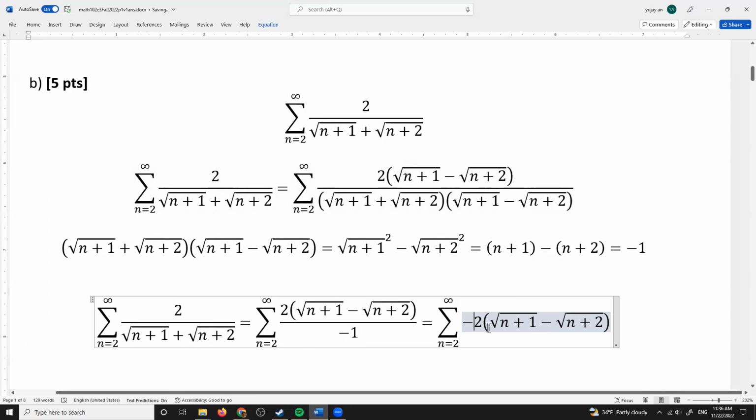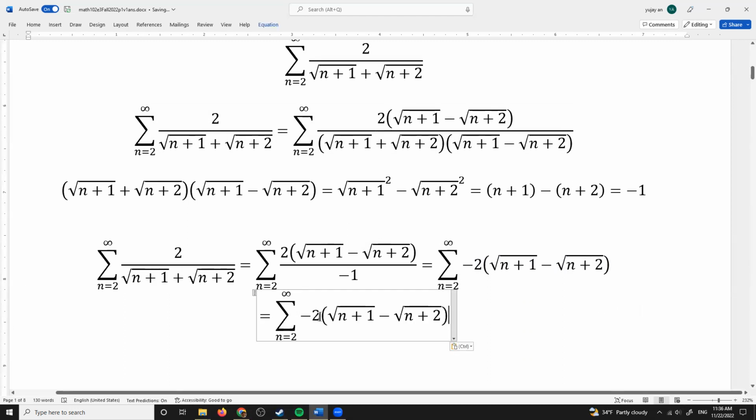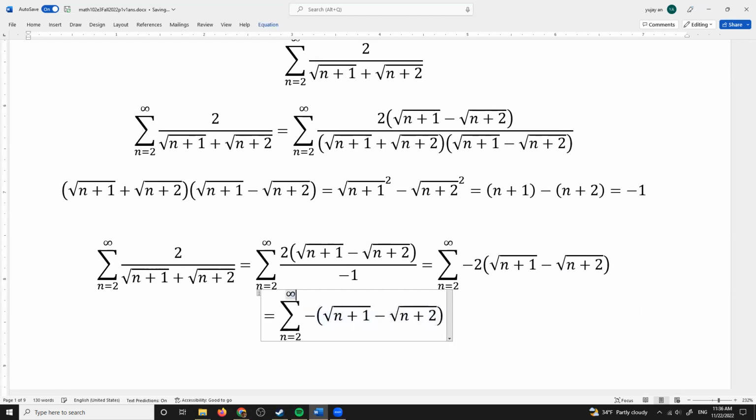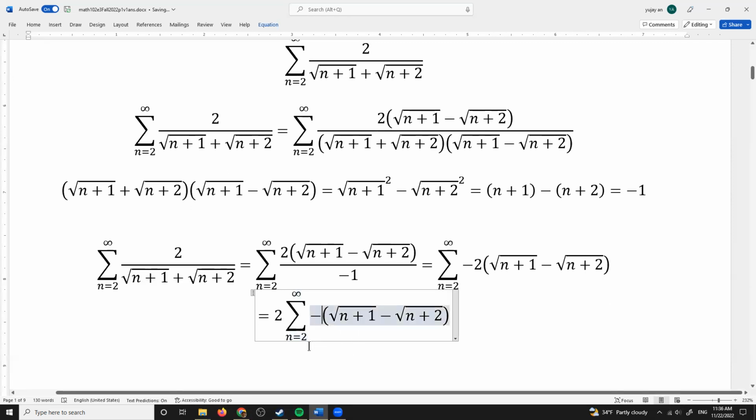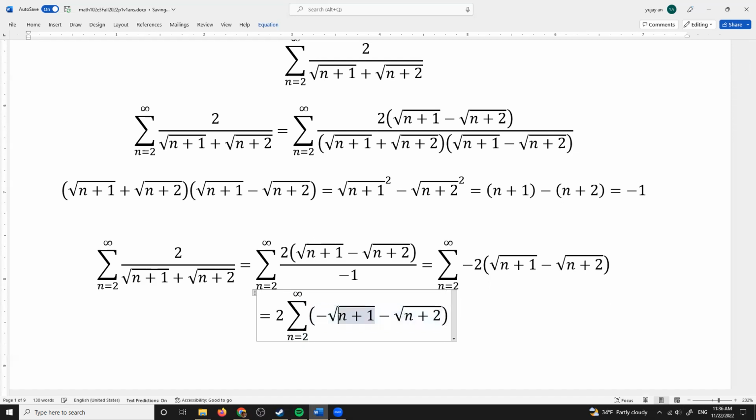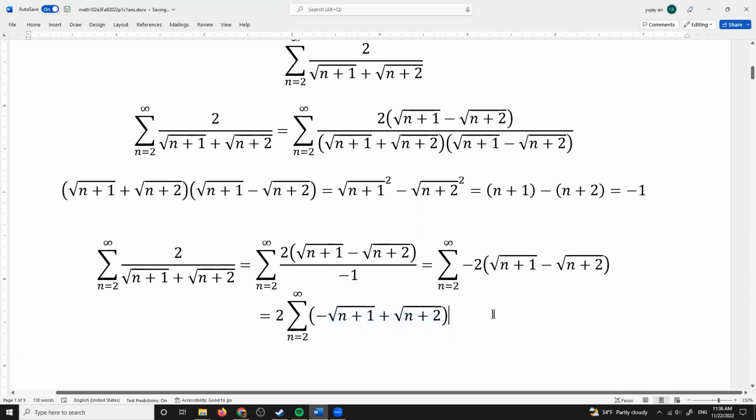And you can also pull the 2 outside and multiply the negative inside. So what I'm going to do is pull the 2 outside, but then multiply the negative inside so that this is negative and this is plus. Okay.